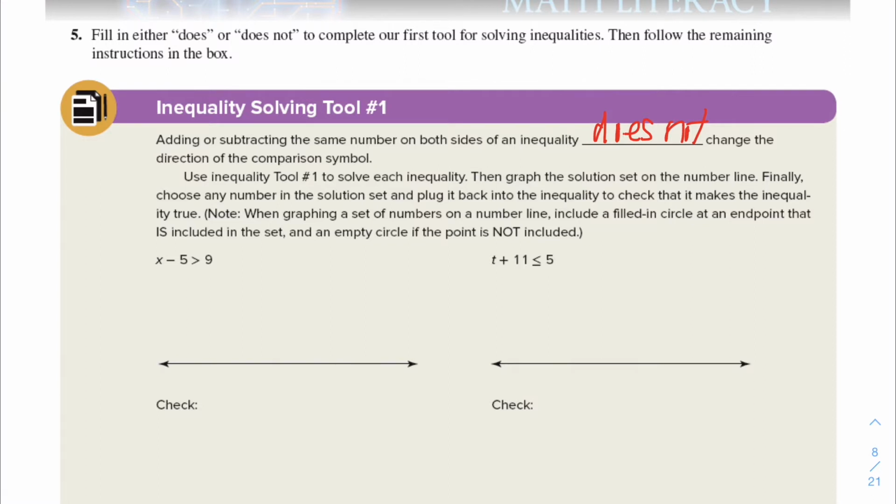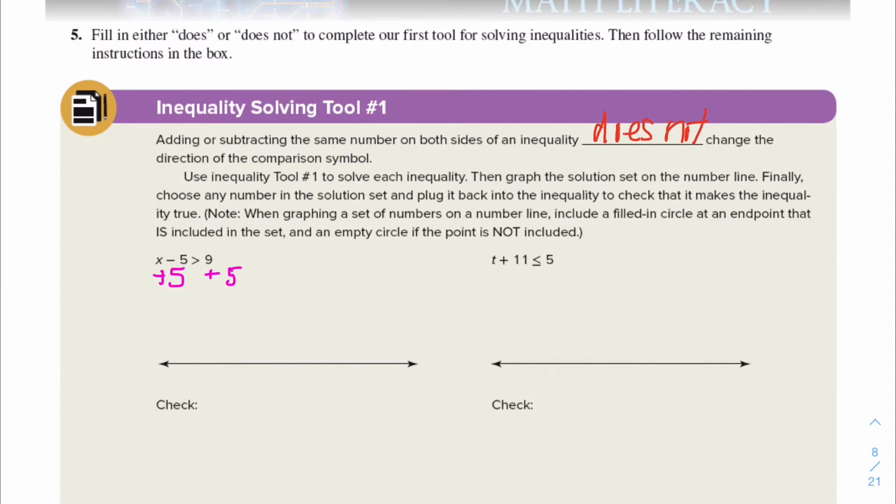We want to find values of x that satisfy x minus 5 being greater than 9. And we want to use this tool where we add or subtract and it won't change anything. So what we can do is we're subtracting 5. Let's go ahead and add 5 to both sides.